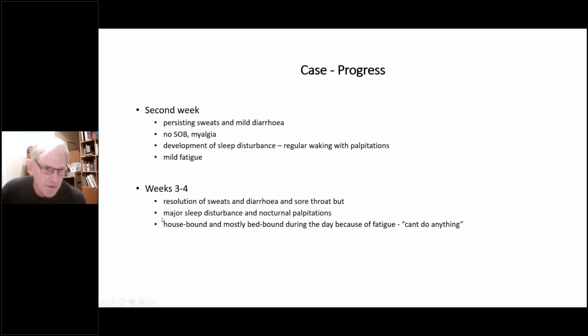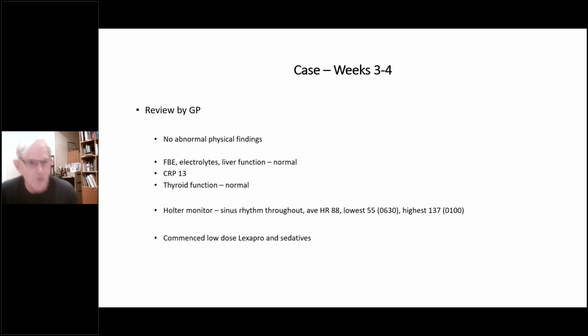And in the third and fourth weeks, her acute infective symptoms settled, but they were replaced by a very significant sleep disturbance, waking every hour with palpitations, and she became housebound and mostly bedbound during the day because of fatigue, and she complained of not being able to do anything. She was seen by her family physician throughout this time, and he was unable to find any abnormal clinical findings.